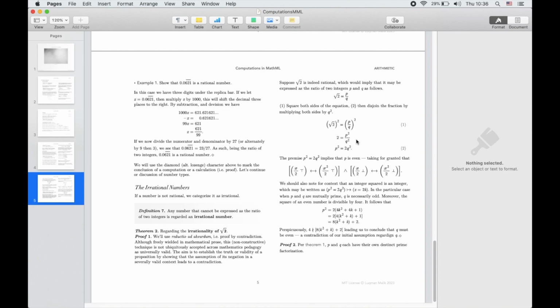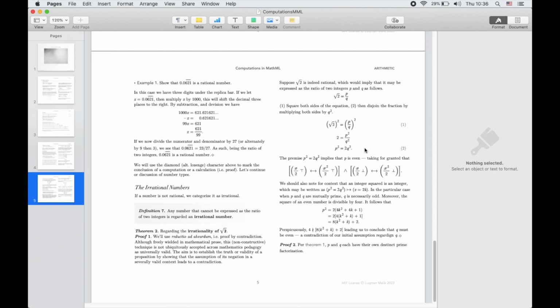The exponent gets distributed to the numerator and the denominator as per the rules of arithmetic. And then we end up with this equation here, which gives us a bit more insight into the complexity of root 2.